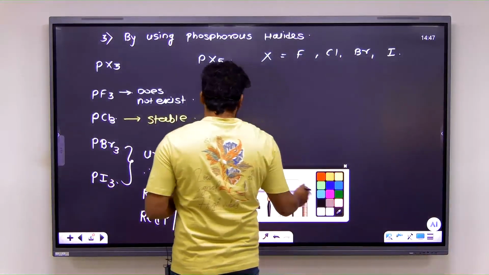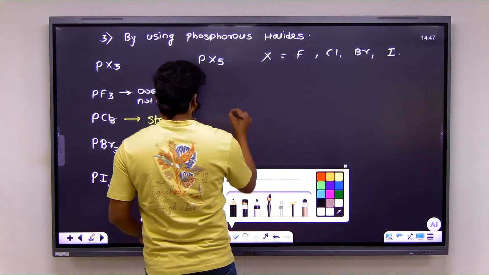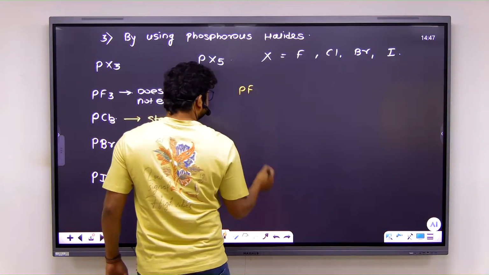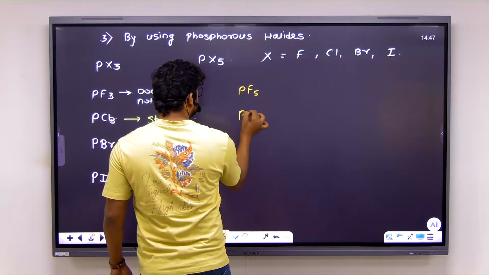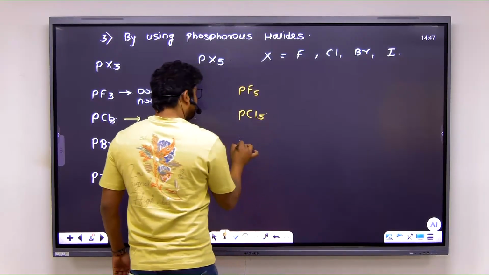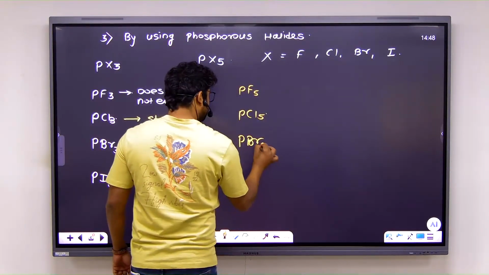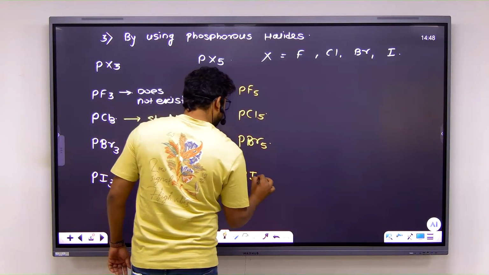Next type of halides are like here: PF5, then PCl5, PBr5 and PI5.